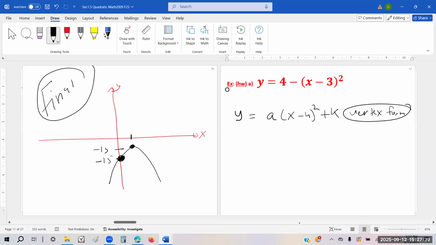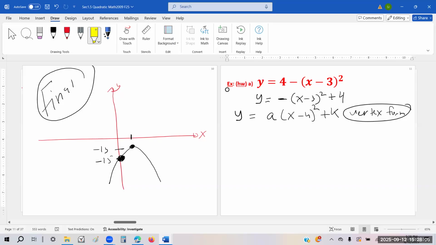So let's rewrite our form. This is y equals negative (x minus 3) squared plus 4. So the 4 should be on the right side, not on the left side. And now we are happy because we can match our equation with the format.